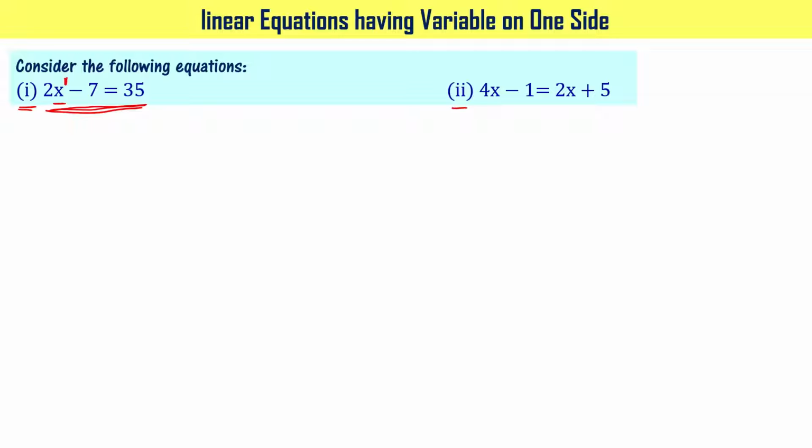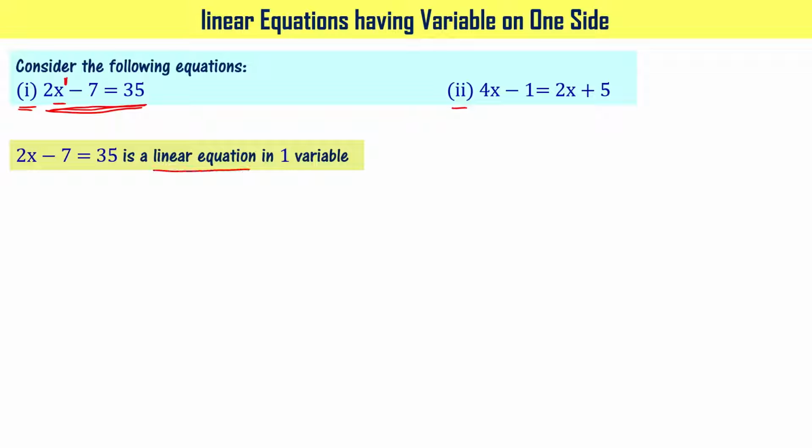When you have the degree of an equation as 1, you say that that is a linear equation, right? That's why we say that 2x minus 7 equal to 35 is a linear equation, and since only x is the variable here, we say that it is a linear equation in one variable.